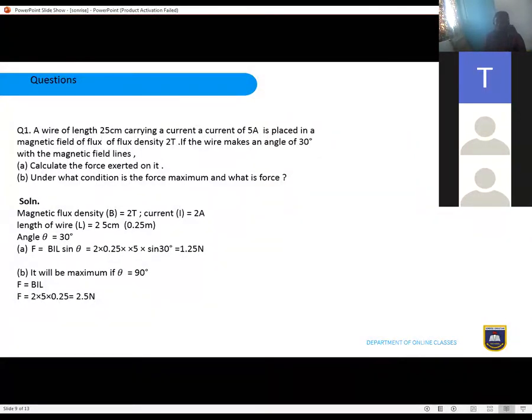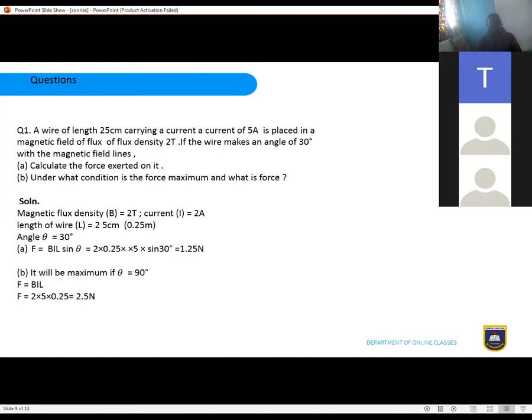Let me read the question again. A wire of length 25 centimeters carrying a current of 5 amperes is placed in a magnetic field of flux density 2 Tesla.